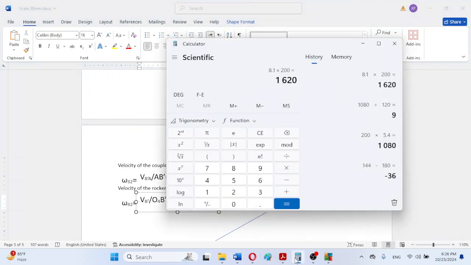We will be dividing it by 80, and this will come out to be 20.25 radians per second.